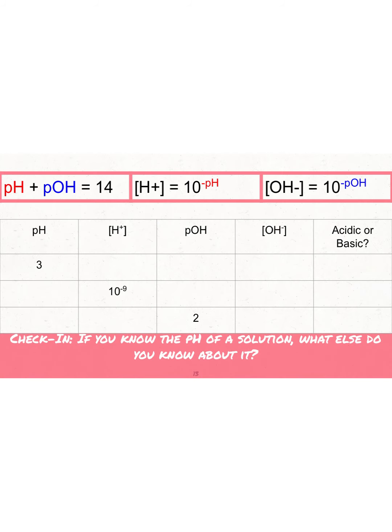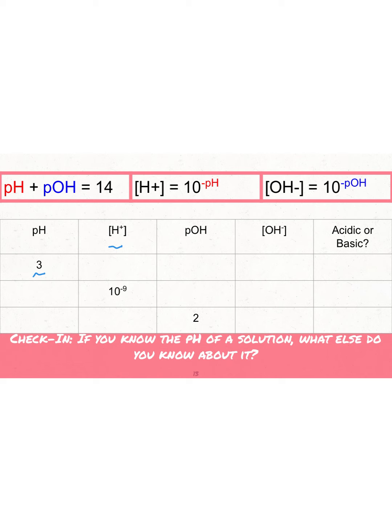Okay, so this is just a little practice to finish. We have our equations up here that I just taught you, and we have a table where we're trying to figure out some unknowns with a few givens. We'll start with this one right here. The pH is 3. And so we're interested to figure out what the H plus concentration would be if the pH is 3.